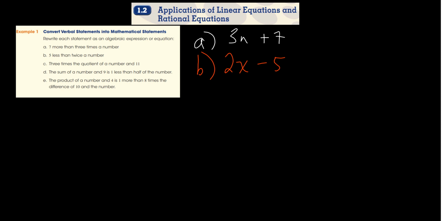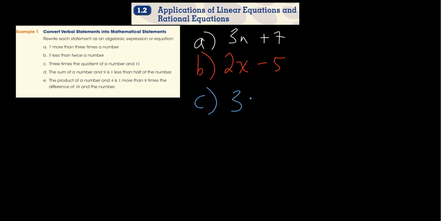C, 3 times the quotient of a number and 11. Okay, so now we're getting a little bit more complex. We're using the word quotient there. So 3 times the quotient of a number and 11. Okay, so if it's 3 times something, we're just going to put the 3 there, right? 3 times, and put a big dot there.